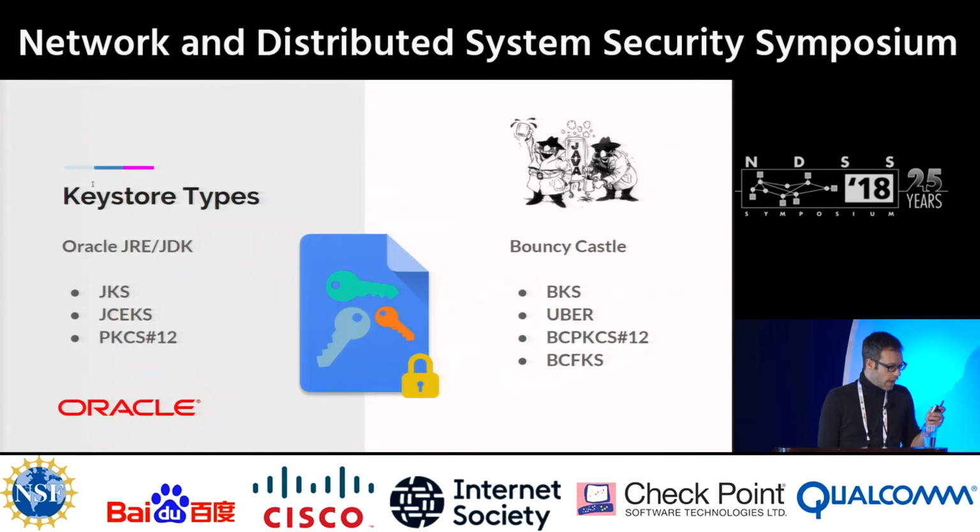Okay. So, the motivation behind our work. I told you about KDFs, but when we started looking at keystores, we didn't know what kind of cryptographic mechanisms were used within each implementation. The only thing we knew was that there exist 7 different keystore implementations in the Java ecosystem provided by the Oracle JDK and the Bouncy Castle cryptographic library.